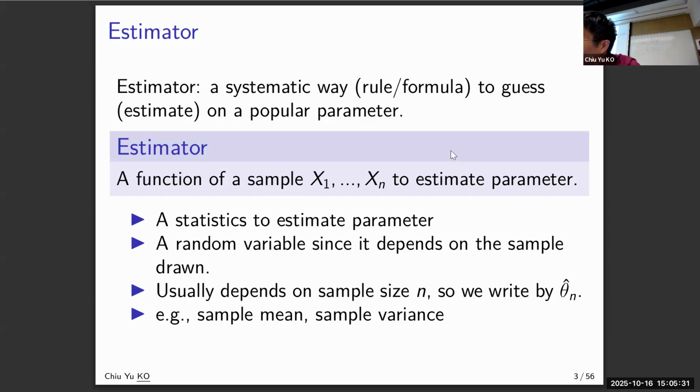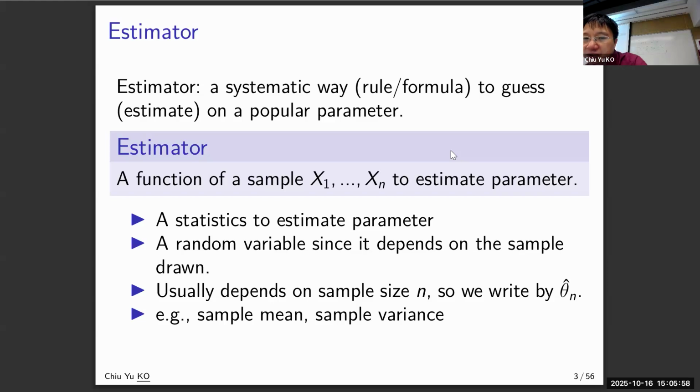An estimator is the type of statistic that you want to use to guess a population parameter. Because anything can be a statistic, any function, you can take its square, you can take a log, which need not be anything reasonable. But if I want to guess what happened in the population, that is called an estimator.